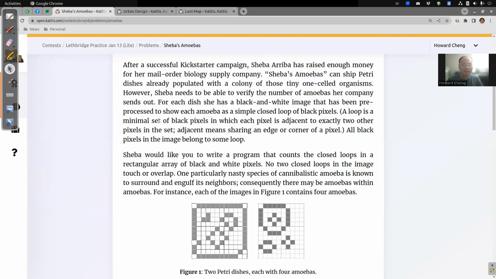A loop is a minimal set of black pixels in which each pixel is adjacent to exactly two other pixels in the set. Adjacent means sharing an edge or corner of a pixel. So in other words, if you are a particular pixel, each of the 8 neighbors is connected. All black pixels in the image belong to the same loop.